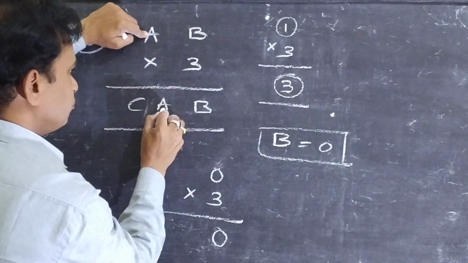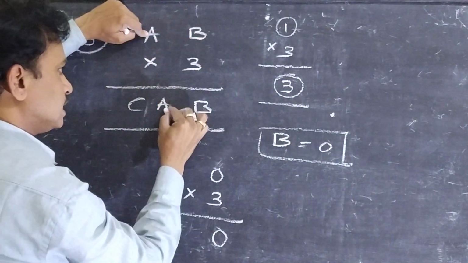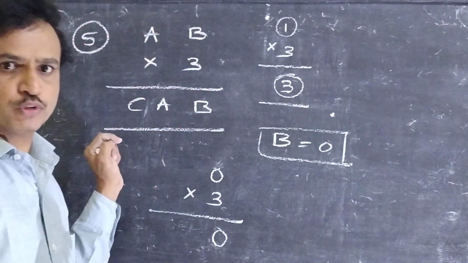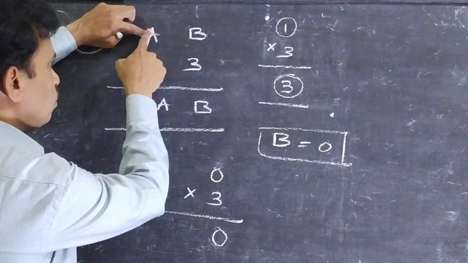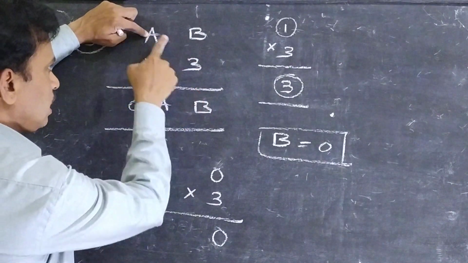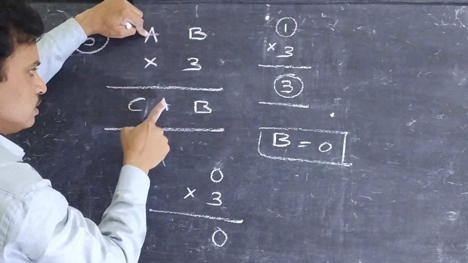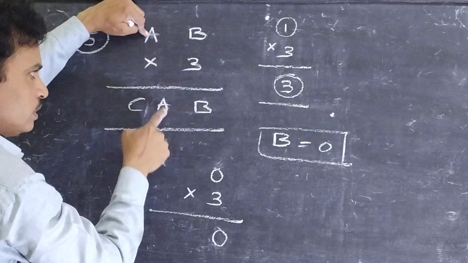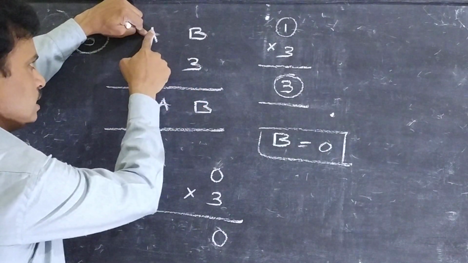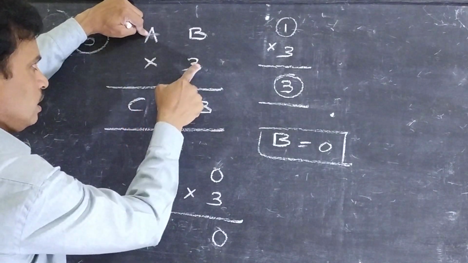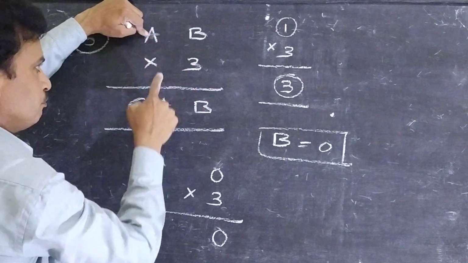Then here A. Now here these two, here A, here also A. We want the same digits. What should we do? Now suppose if we take 1, 3 ones are 3, 3 twos are 6, 3 threes are 9, 3 fours are 12, 3 fives are 15.